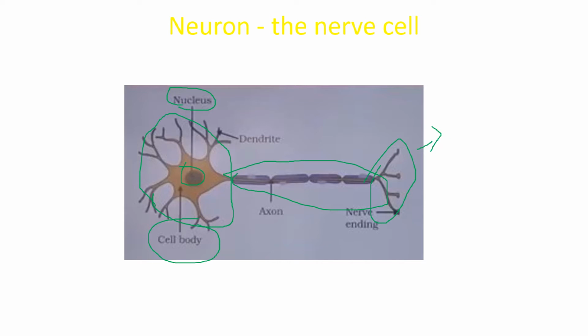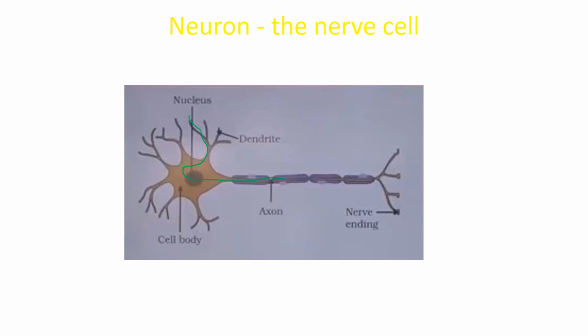See what happens here. The sense comes from the dendrite into the cell body and again into the nucleus. And this nucleus converts this sensory information into an electrical impulse, and sends it into the axon.